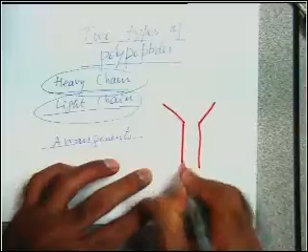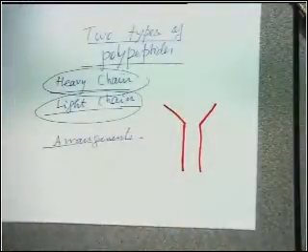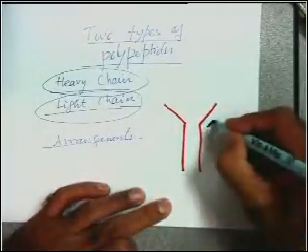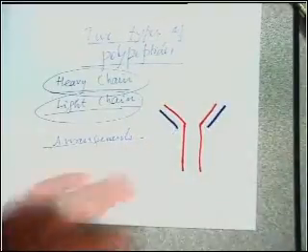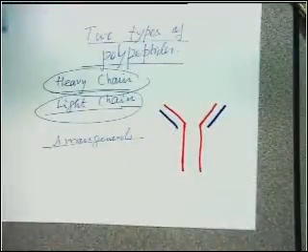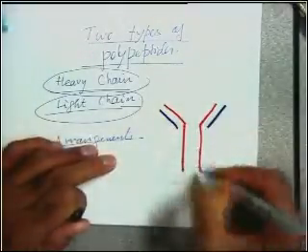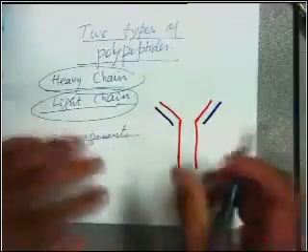The red one is the heavy chain, and the light chain will come onto this part, the blue one. So these two chains are now linked. This is one heavy chain and another heavy chain, this is one light chain, this is another light chain.